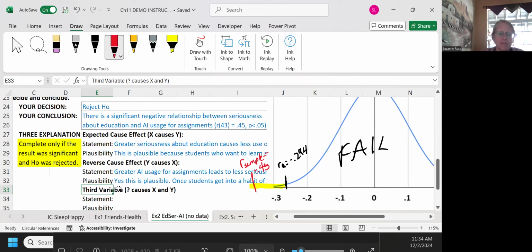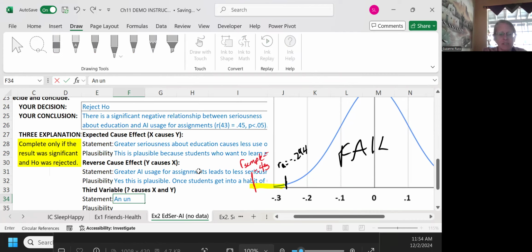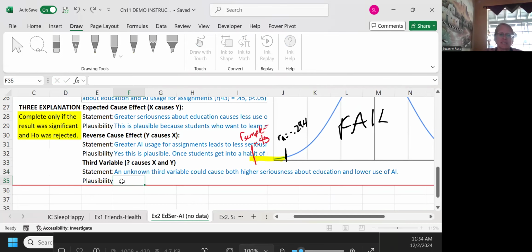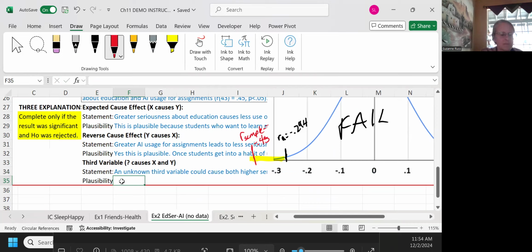And now, can we think of a third variable, a question mark here, that causes both X and Y? First, let's make a statement. An unknown third variable could cause both higher seriousness about education and lower use of AI. And of course, the reverse could also be true. And what is such an unknown third variable that could both cause people to either use AI a lot and be less serious, or use AI just a little bit and be very serious?